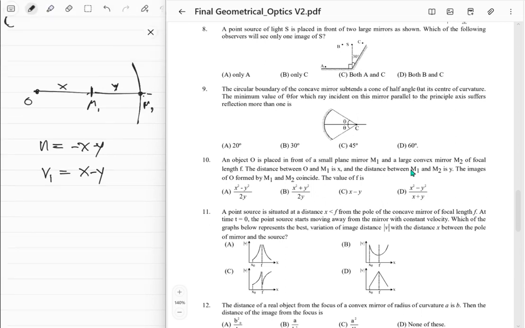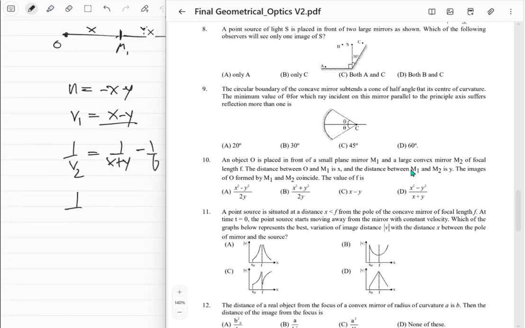So what about V as seen? Just have 1 upon V is equal to negative 1 upon U, which is just 1 upon X plus Y plus 1 upon F. This is like negative 1 upon F. So if these are coinciding, then V1 should be the same thing as V2.